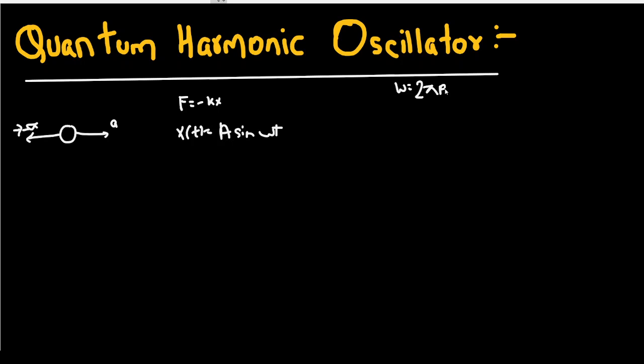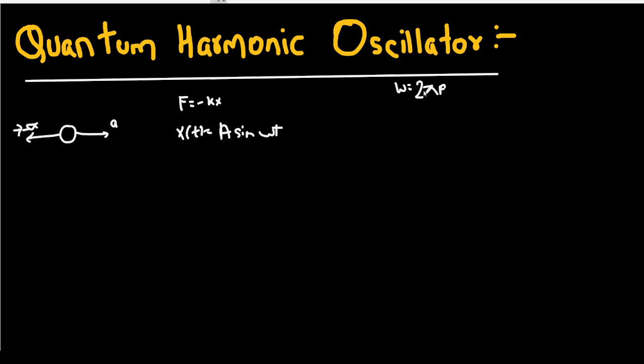One example of the classical harmonic oscillator is a block connected to a spring, and we stretch the spring. When we stretch or contract the spring, there is some force which starts pulling it to its mean position, and there is also a potential here.